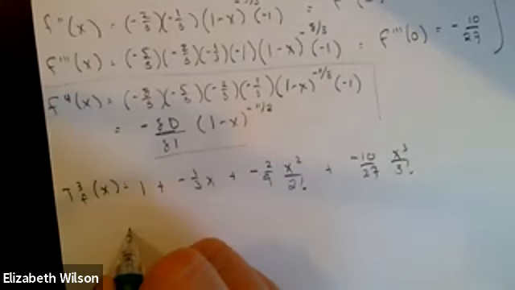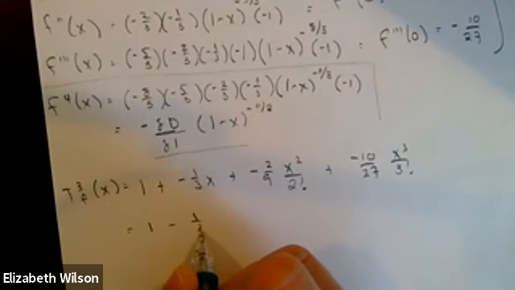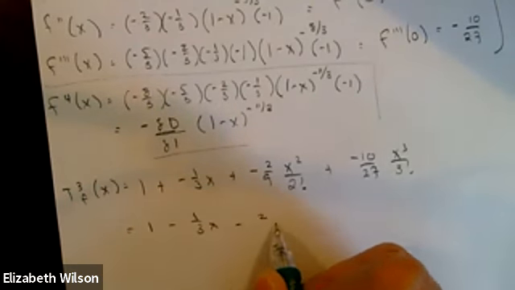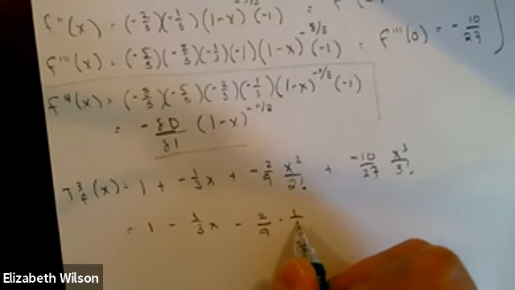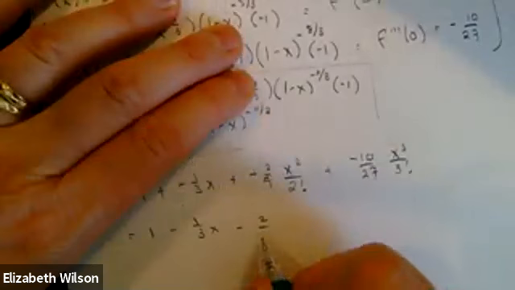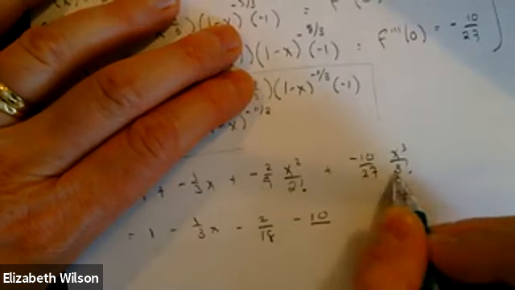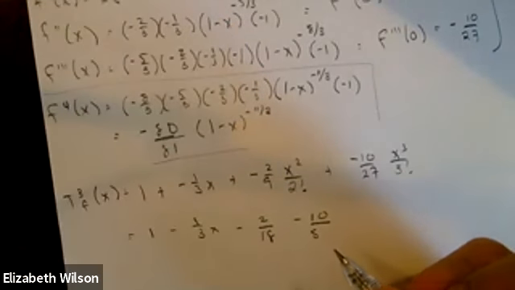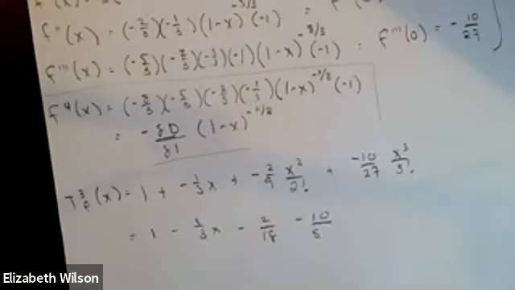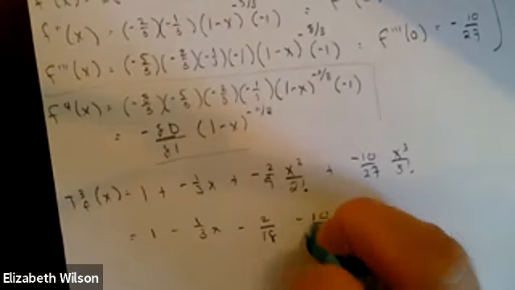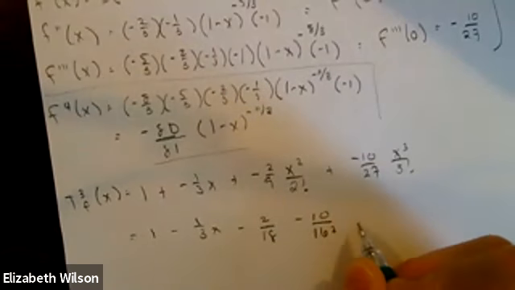But you could also multiply everything through and get 1 minus 1/3 x minus 2 over 18 x squared, minus 10 over 27 times 3 factorial, which is 10 over 162 x cubed.